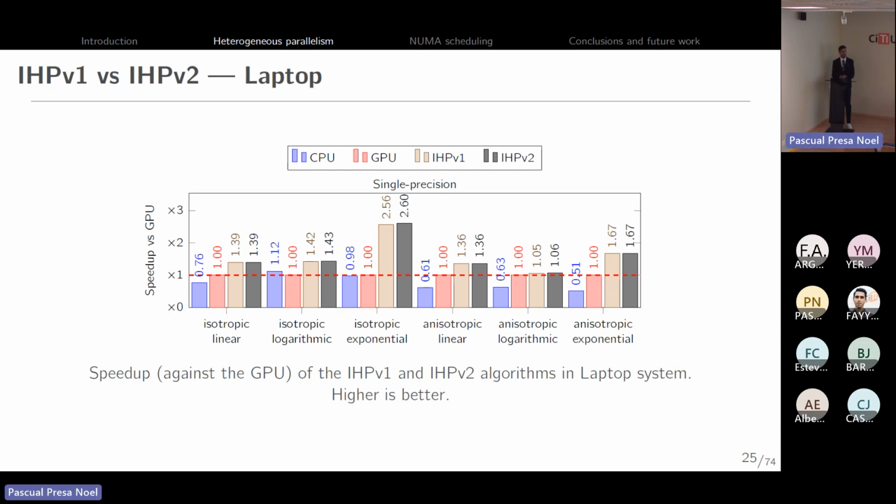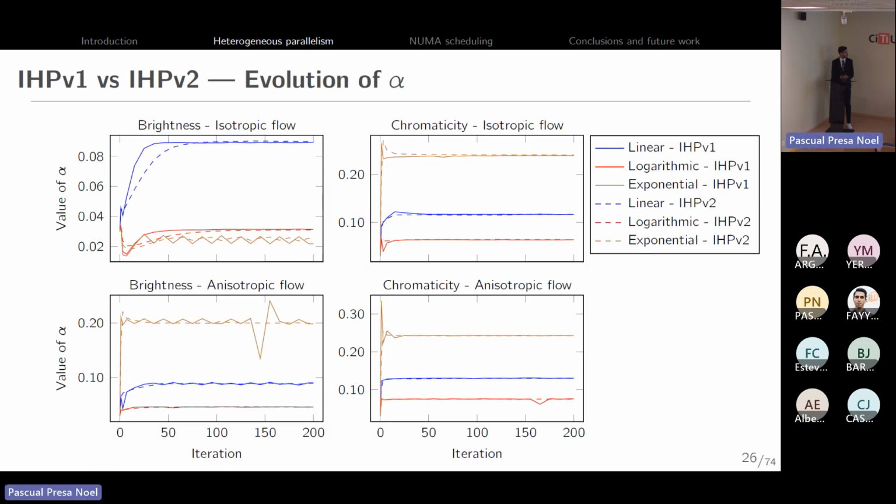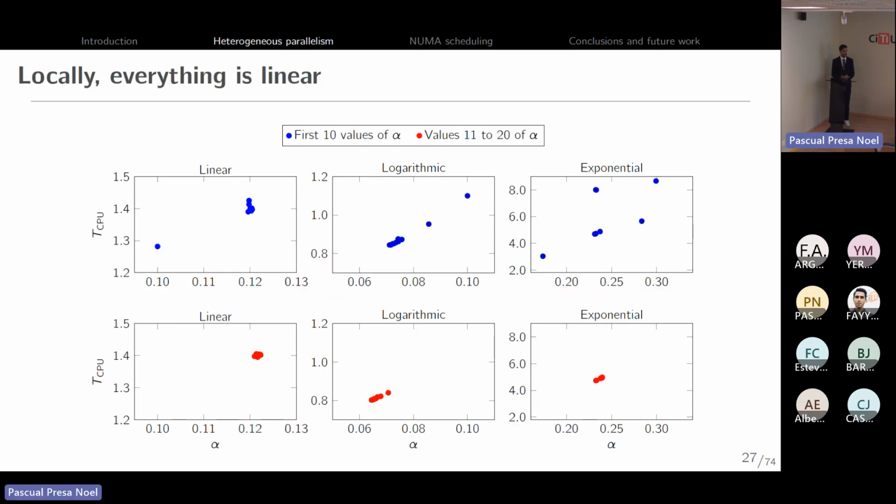Regarding the results of both versions of IHP, they are quite similar, slightly better in the second version. That's because, taking into account historic performance measurements, we can avoid oscillations like this in the workload distribution. So we have a more stable behavior, and we save some time in communications between CPU and GPU. However, considering different workload models made no difference.